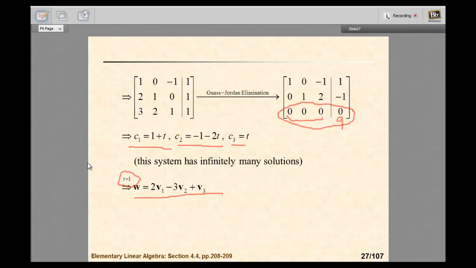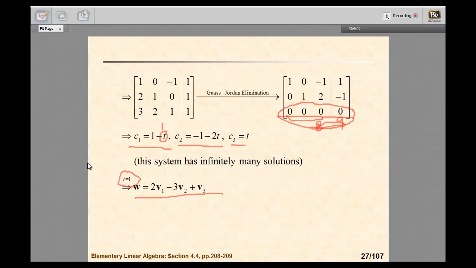If something is written on the left side, then we say that it is a unique solution. If the total row is 0, then we say that there are infinitely many solutions. So when we have infinitely many solutions, we say that there is a T, or you can say P, Q, anything else.